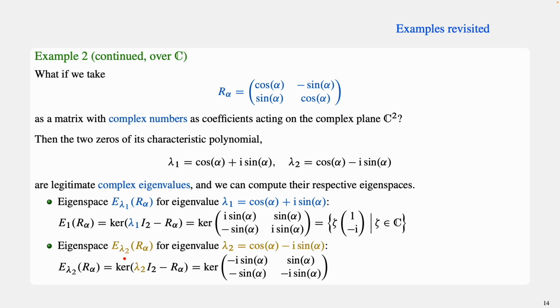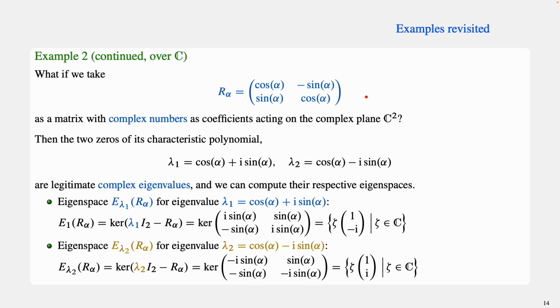And similarly, we compute the eigenspace for the second eigenvalue, lambda 2 equal to cosine alpha minus i sine alpha. Again, we multiply identity by the eigenvalue, subtract our rotation matrix, and compute the kernel. So the resulting matrix is this one, and applying our knowledge on how to solve linear equations, we find that the set of solutions here, namely the kernel, is all complex multiples of the vector 1, i.